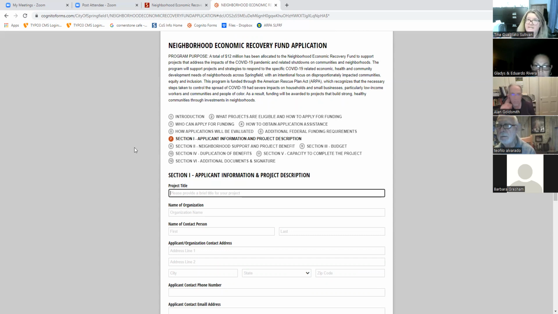So I want to say the city's total spending deadline is 2026, but obviously we're going to want folks to be completing projects before that, because we don't want to be in a situation where the treasury is sweeping funds. So we're not going to give you the absolute last day that funds will be swept. It'll probably be a deadline before that. So I will post that on the website.